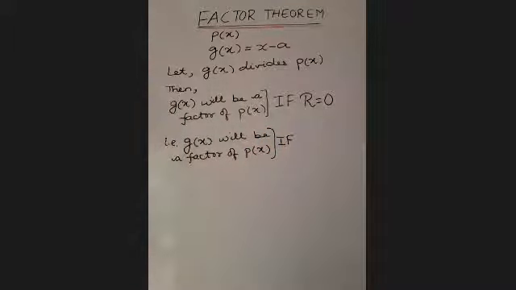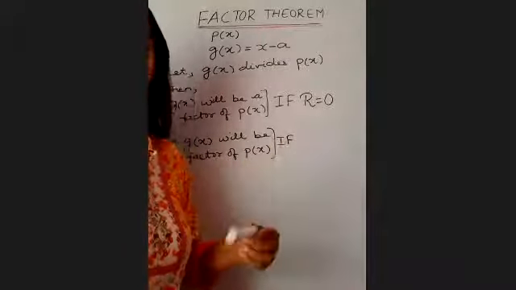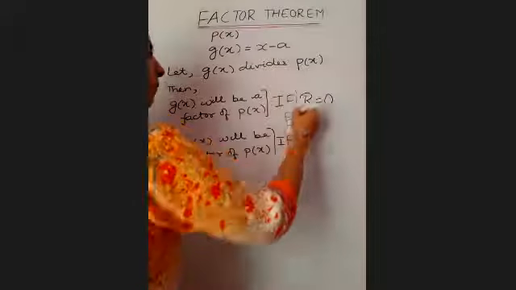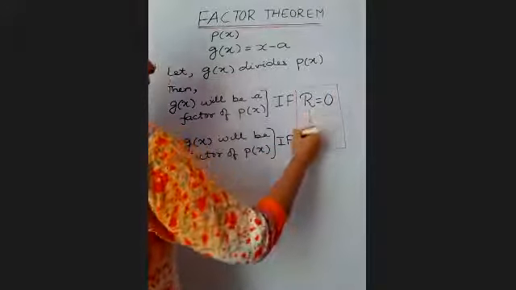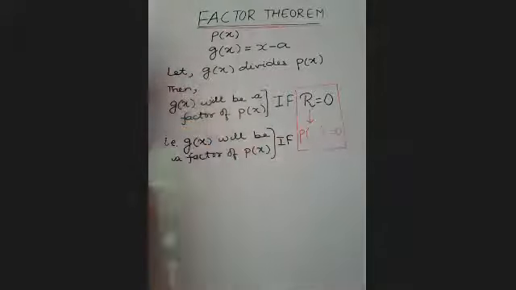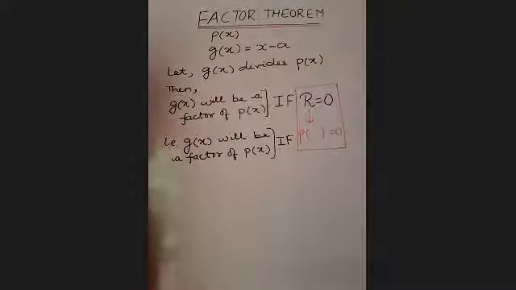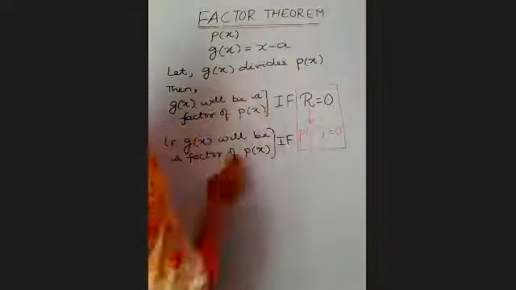Can somebody please tell me, by remainder theorem, remainder is given by what? Remainder is R(x). P of what? P of the zero of g(x). And what is the zero of g(x)?